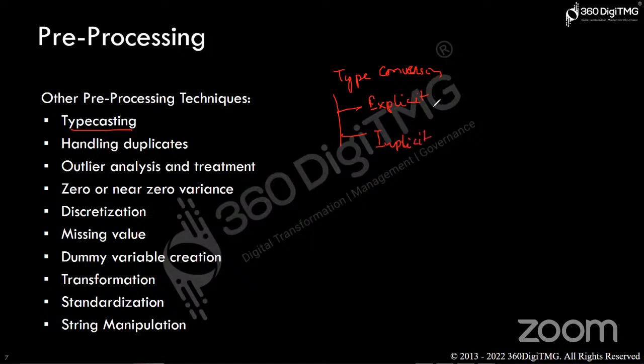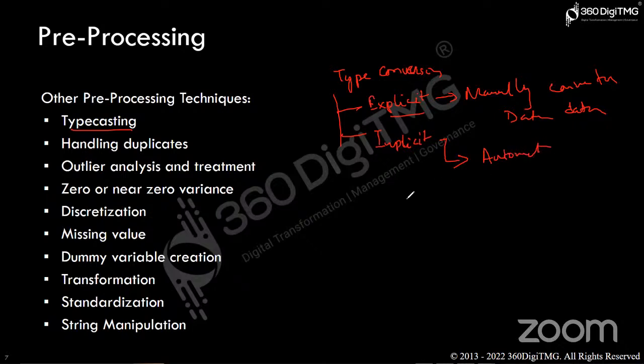Explicit conversions are those in which we manually convert the data into a different data type. This is explicit type conversion. Implicit type conversion is where the types are converted automatically.